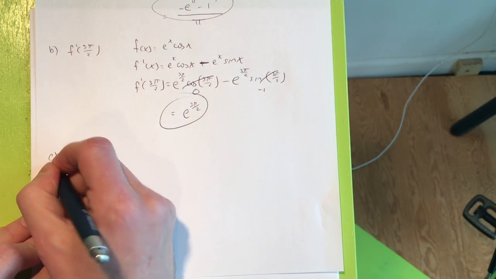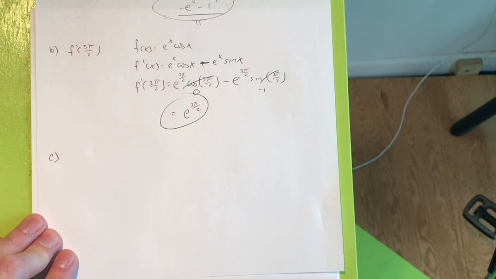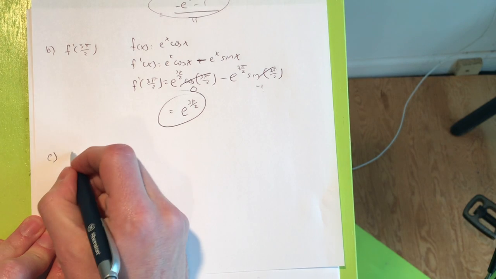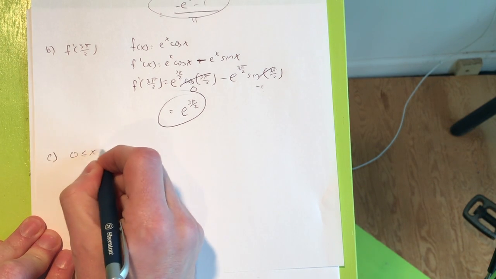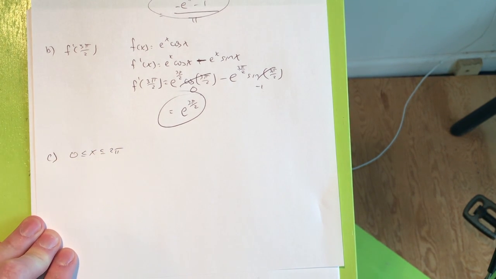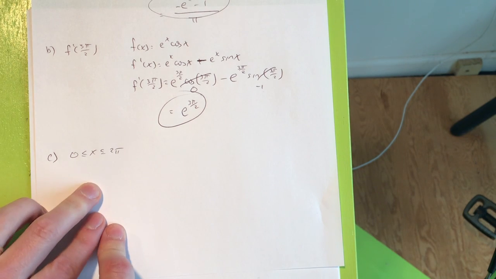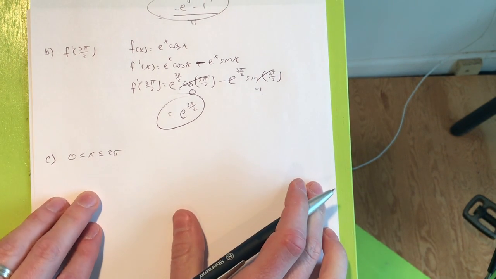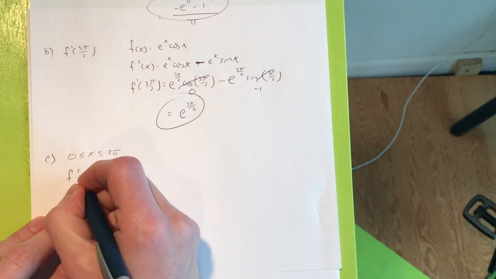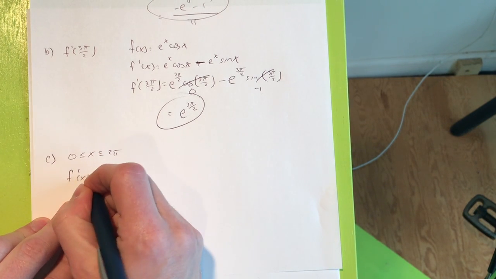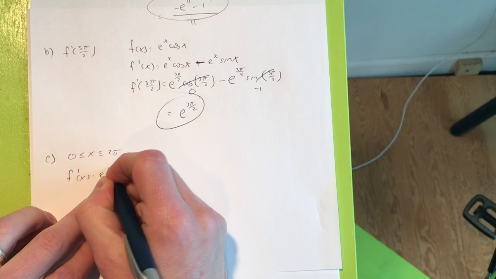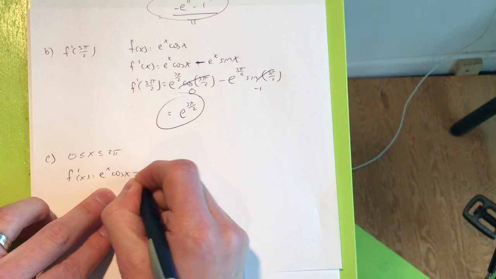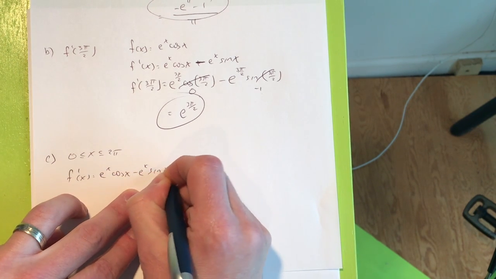Part C, we want to find the absolute minimum of f on the interval 0 less than or equal to x less than or equal to 2 pi. Absolute minimum, that's the first derivative. So we're going to go through the first derivative test. So we already have f prime is equal to e to the x cos x minus e to the x sine x.